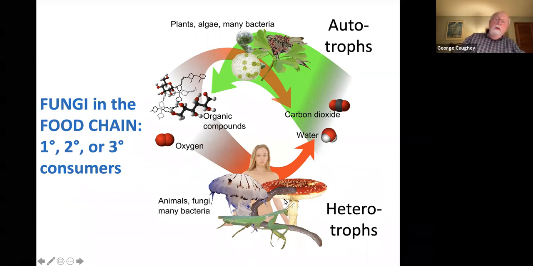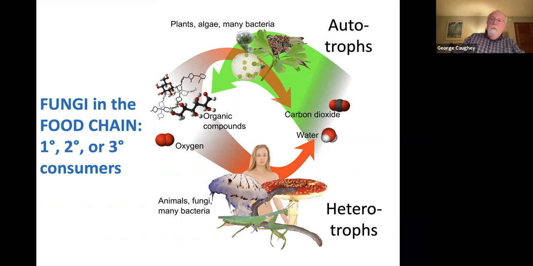We either eat a plant directly, or we eat something that ate a plant. Or you can even imagine them being tertiary consumers, like a fungus eating the dung of a carnivore who ate a deer, which is an herbivore, which ate a plant.